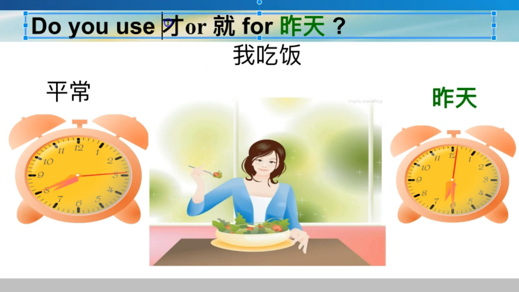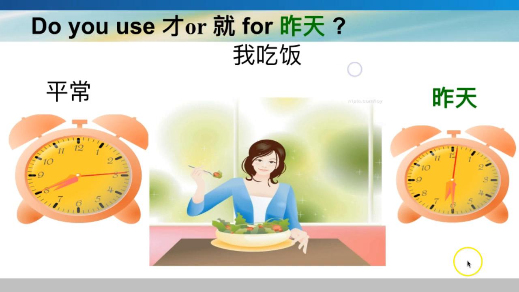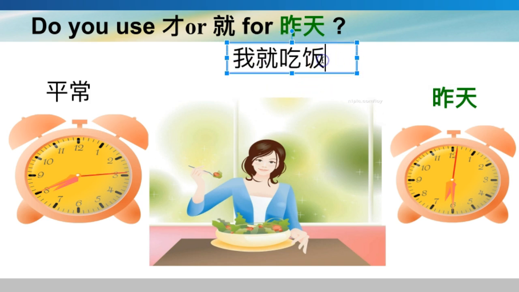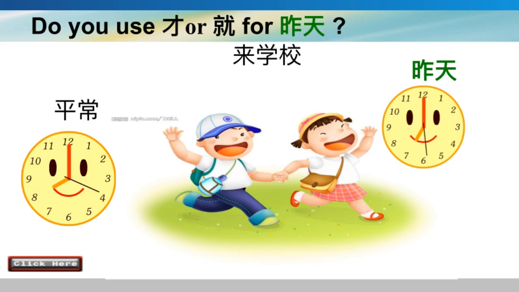So we would use 就 because it's earlier than expected. 我昨天7点半就吃饭了 and then there's a 了 afterwards. Let's look at a final example.